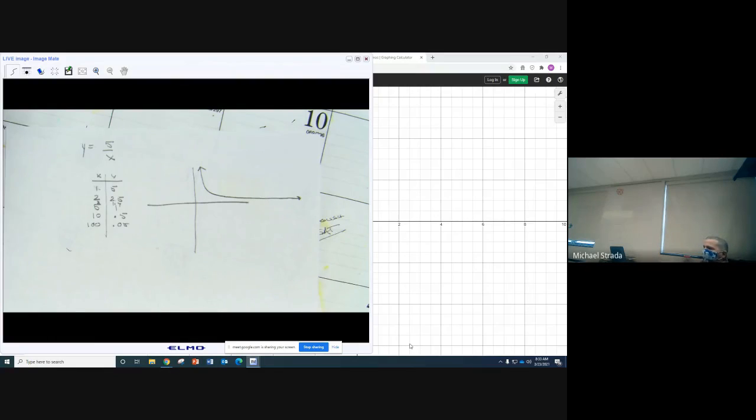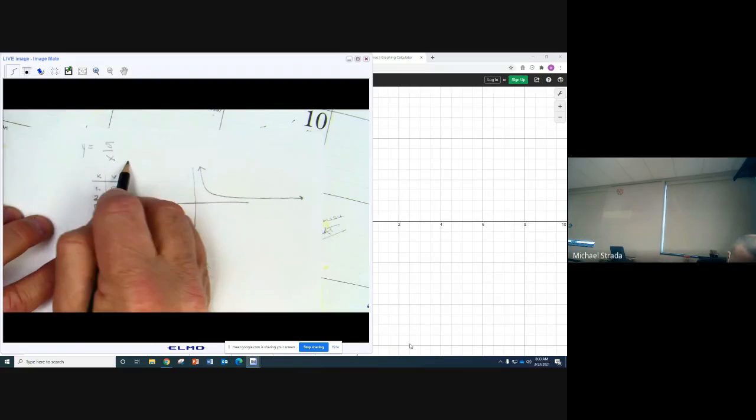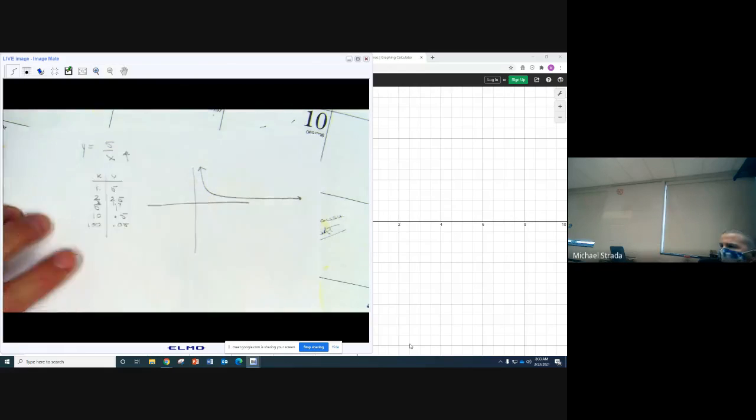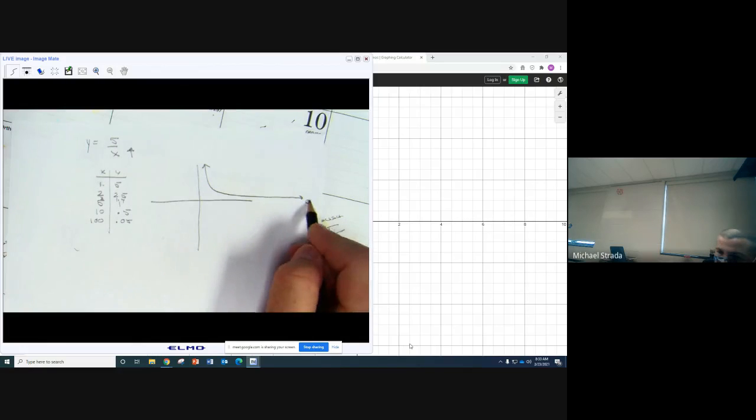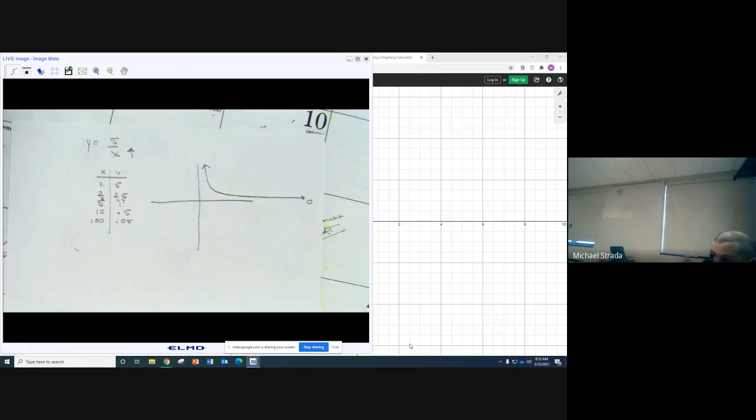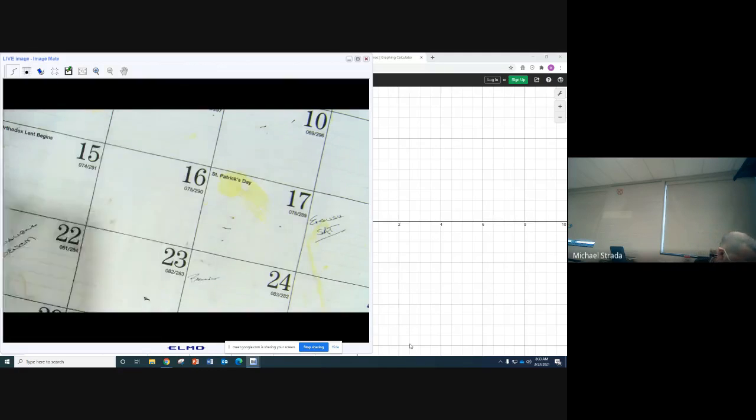Will your graph ever hit 0? Won't. Because what number can we not divide by? 0. So as this number gets bigger and bigger, 5 over x gets what? Smaller and smaller. Now what does it approach? It approaches 0, but it never quite hits it. You got me? So that's what I mean by that in this exercise.